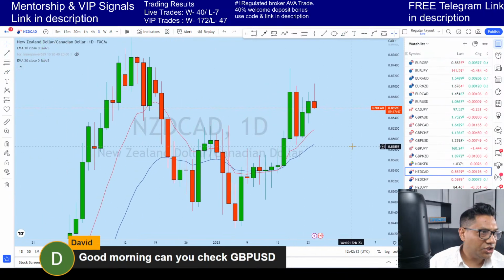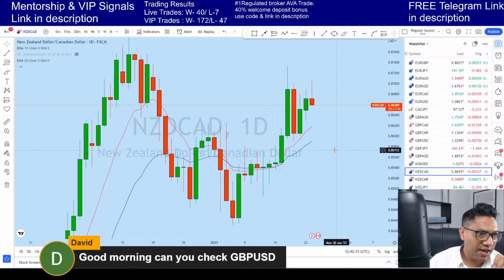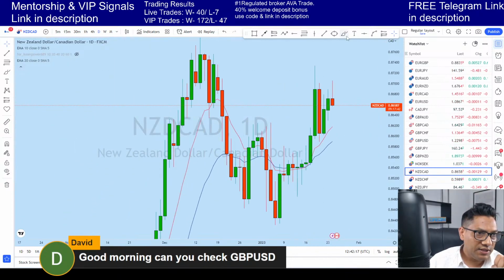So this is the daily chart on NZD CAD, and there is in fact a big impulse from here on NZD CAD. This is the impulse, you can see that. So with that daily impulse, we see a consolidation pattern here. Okay, so this is a consolidation on NZD CAD.